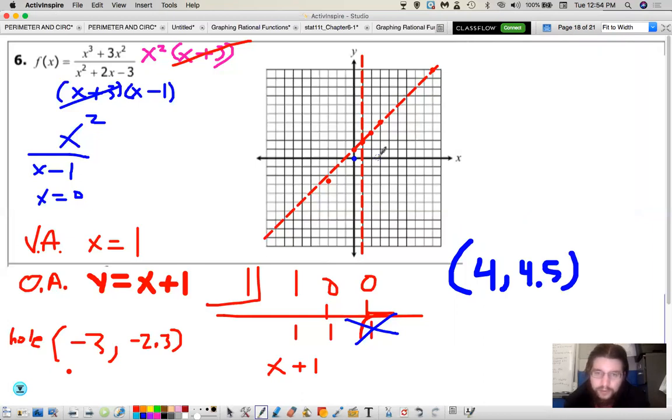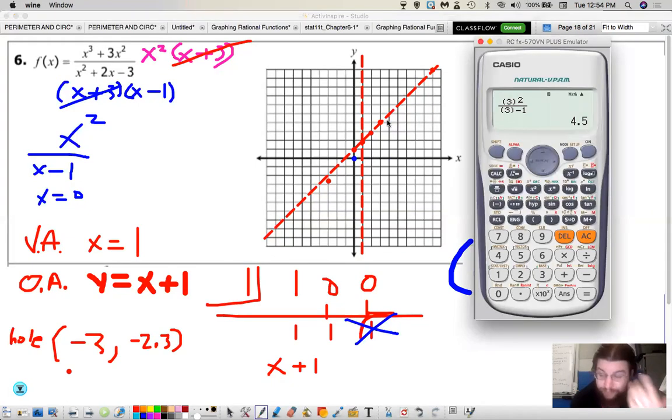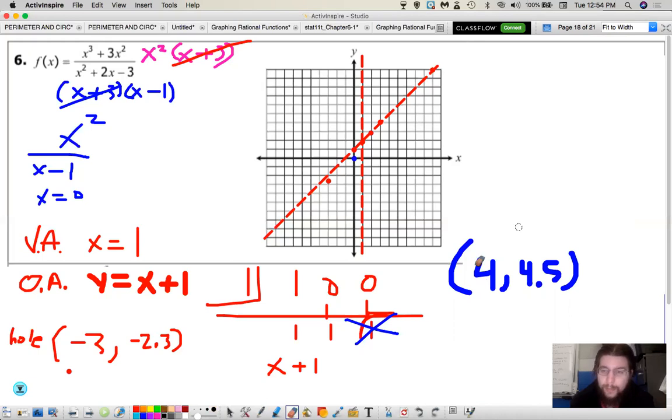1, 2, 3, 4. No, I can't tell what that is. I plugged in 3. My bad. Three, and then 4.5.